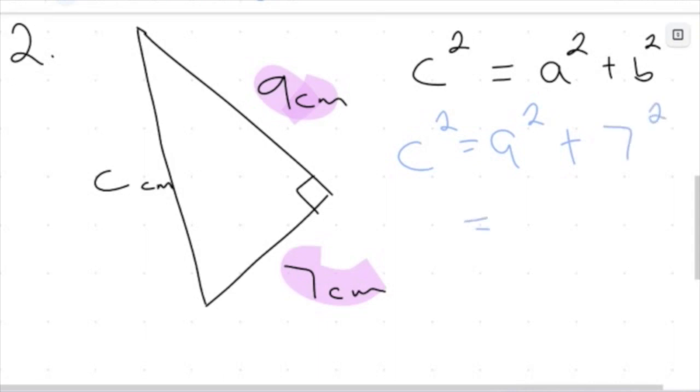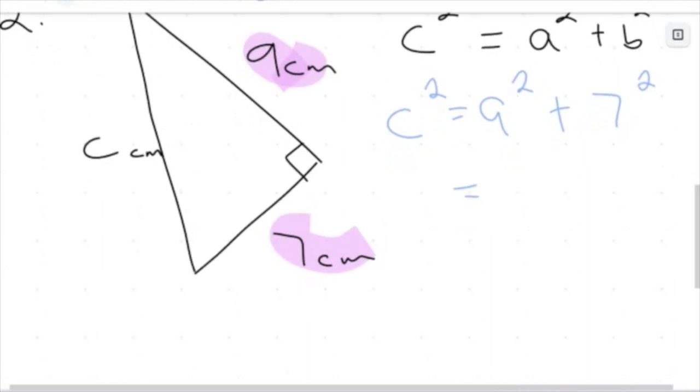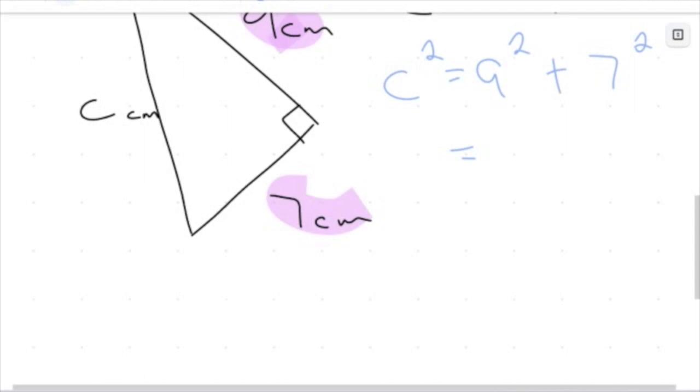And now I have, this is like saying, what's 9 times 9, plus 7 times 7. Because if you remember, squaring a number is a shorthand for multiplying the number by itself. So when I do this, if I pop that into a calculator, I'm going to get 130.